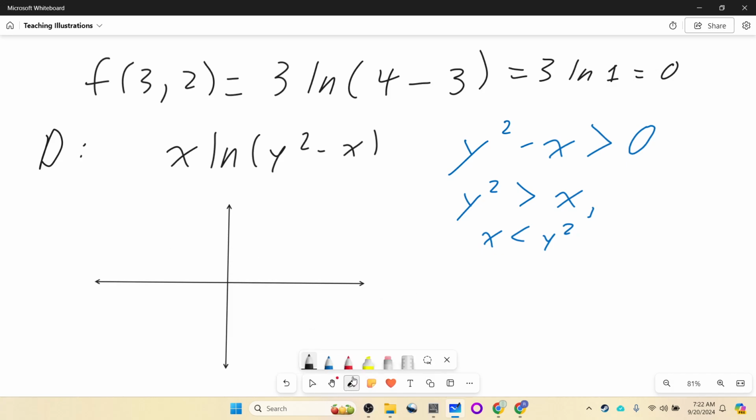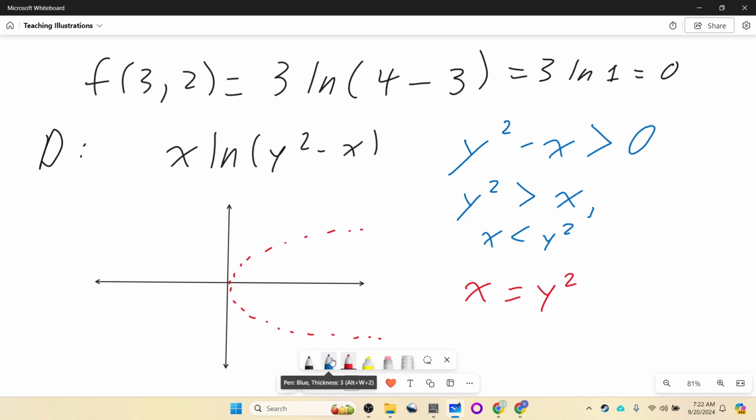All right. Now we're going to use the equal. It will just be a dotted line this time. So x equals y squared is a parabola that opens to the right. So that's our boundary.